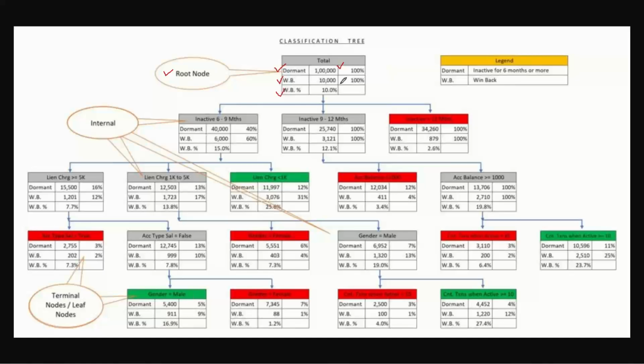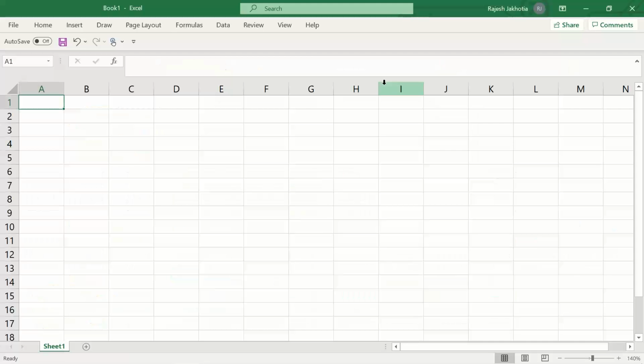So what happens is, this entire data of customers with a column having the information win back or no win back would have been passed as an input to a classification tree algorithm. Let me try to explain this data structure in an Excel format.